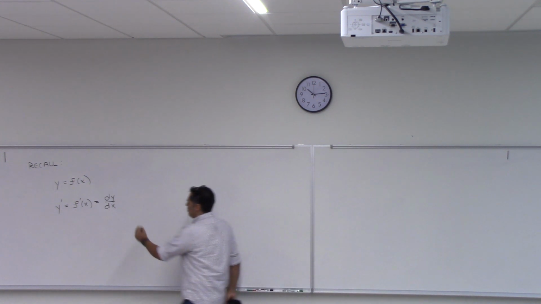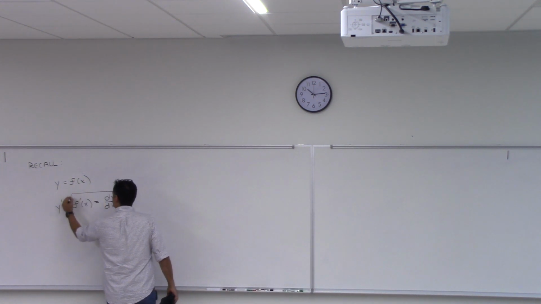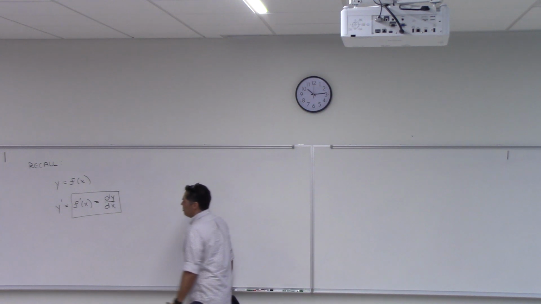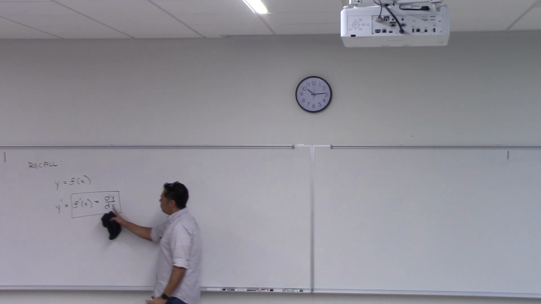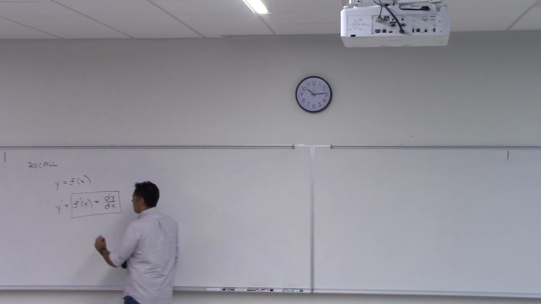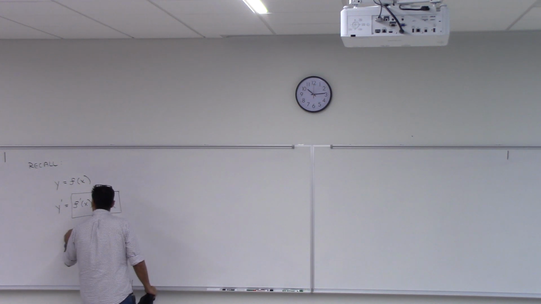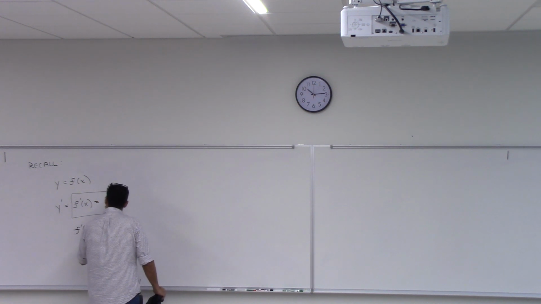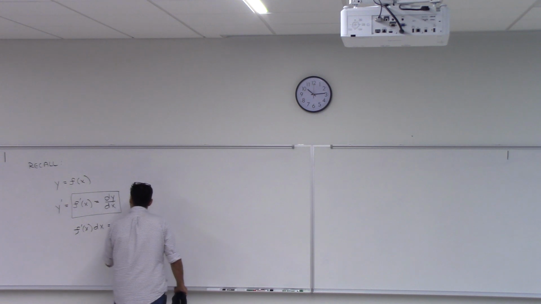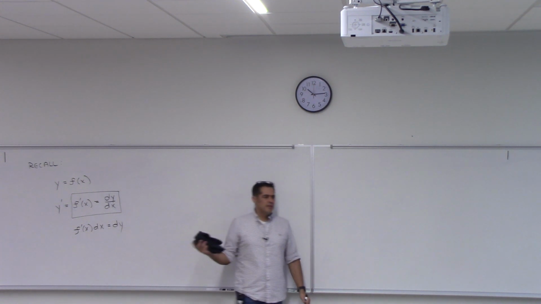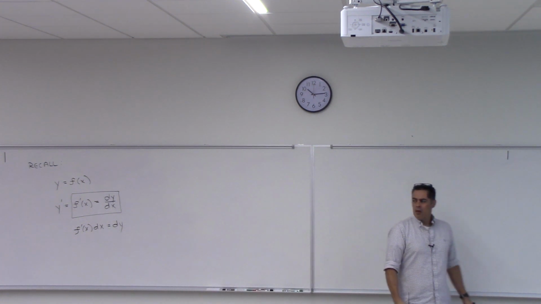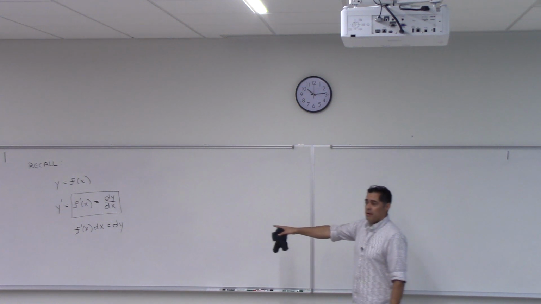I want us to look at these two together as an equation. Since this is an equation, we're just going to multiply both sides by dx. So we get f prime of x dx equals dy. Anyone disagree? Does that seem reasonable to you? Okay, I'm going to need that.